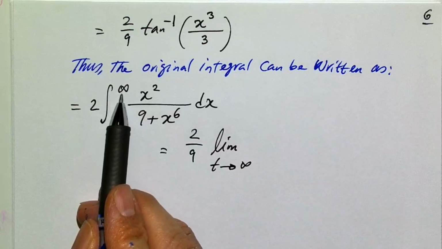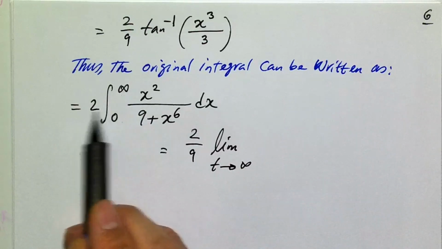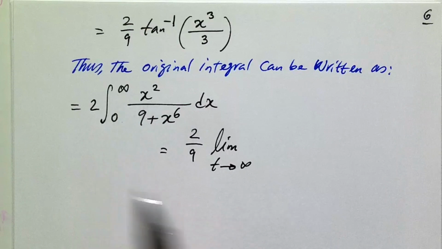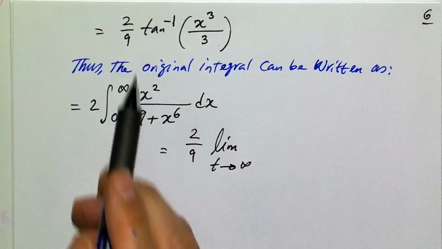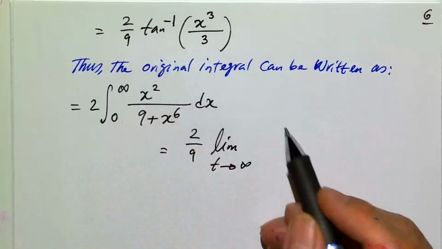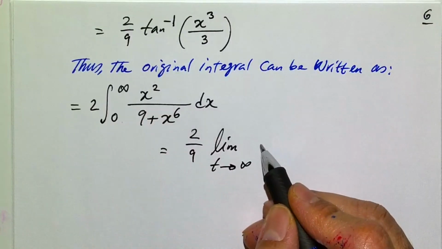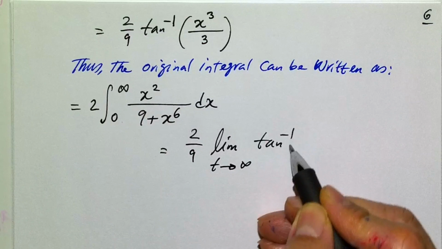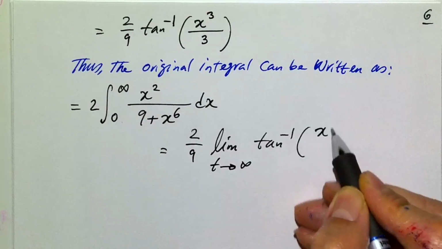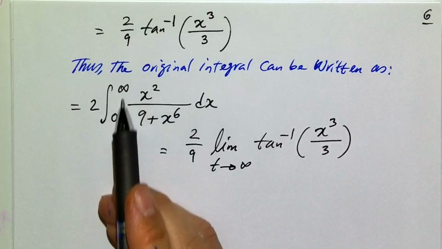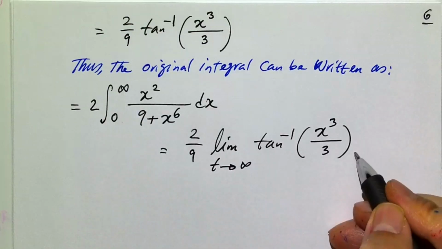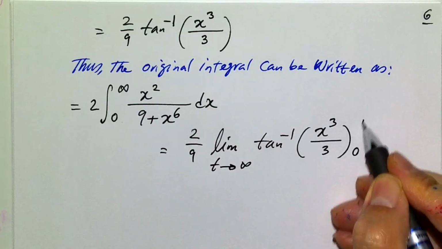So t would have been here, and then the limit of this integral as t goes to infinity, of this integral that we found, which is inverse tangent of x cubed over 3, of course, from 0 to t, right?